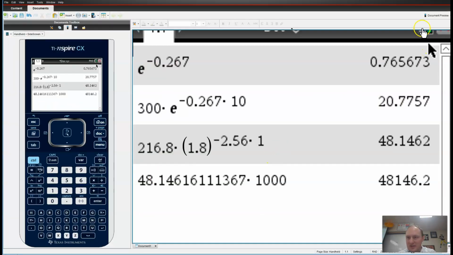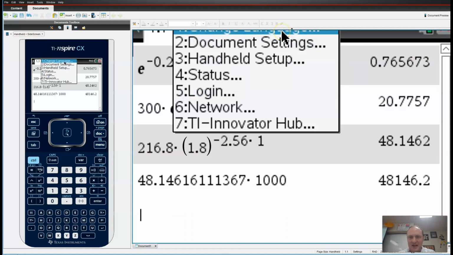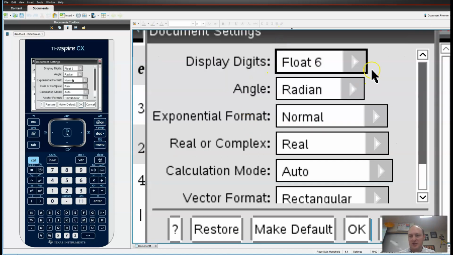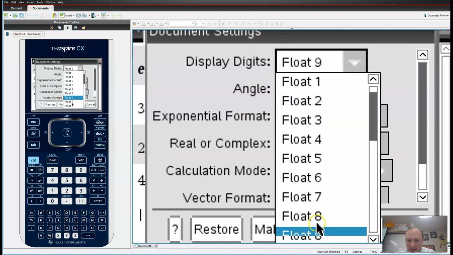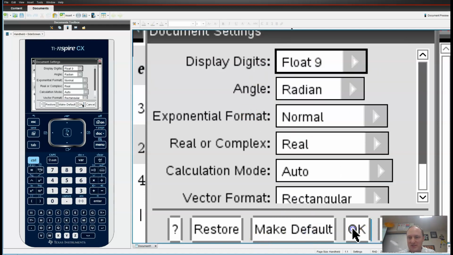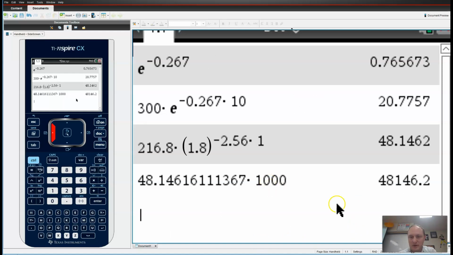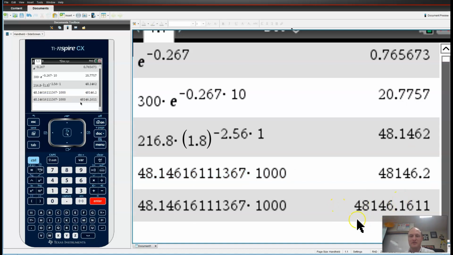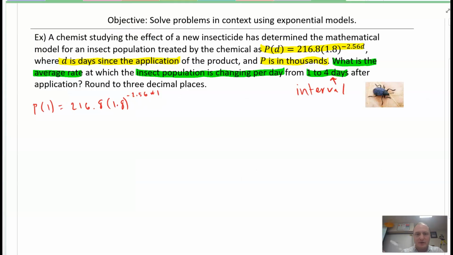So I want to go into my settings. If you're using a TI-30, it shouldn't be an issue, but I just want to make sure that I can see as many decimal places as possible here. So I'm going to go back, re-enter this. Here we go. And we get 48,146.161. So this times 1,000 is equal to 48,146.161. Okay, so that's after 1 day.